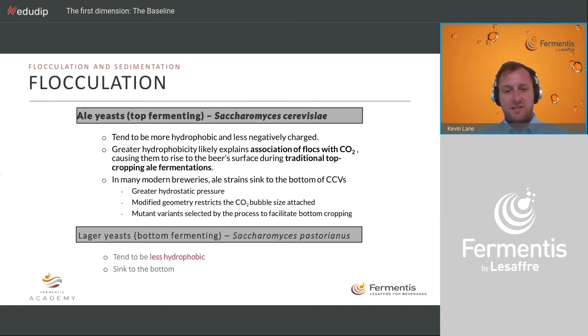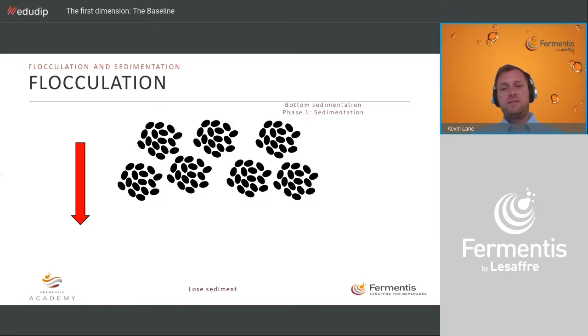Also, lager yeast tend to be less hydrophobic and sink to the bottom of the tank. We'll revisit the similarities of lager yeast later in this presentation, but because of their more recent evolution or presence in the brewing industry, there is much less diversity, I would say, between lager yeast than there are with ale yeast.